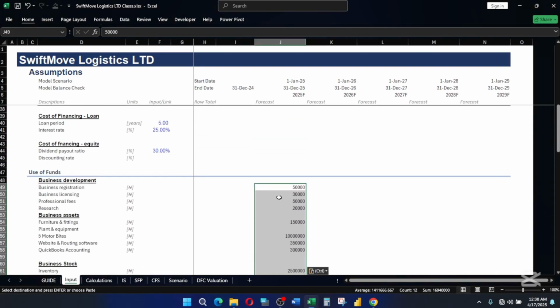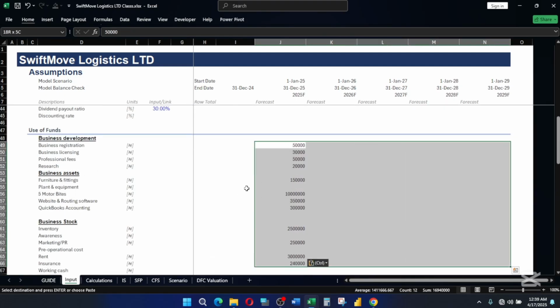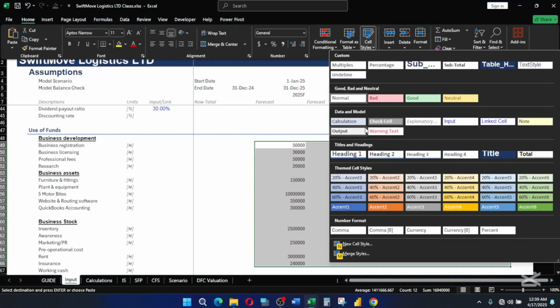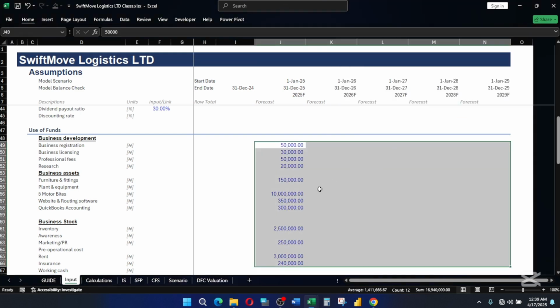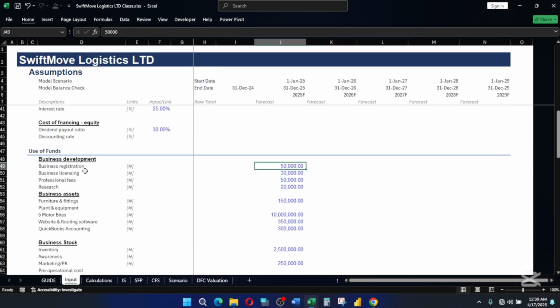You can see we have this value here right now. Let's apply our formatting called HJ input. You can see now this is our formatting. We are saying that business registration is going to cost us 50,000, covering business registration, business licensing, and professional fee.